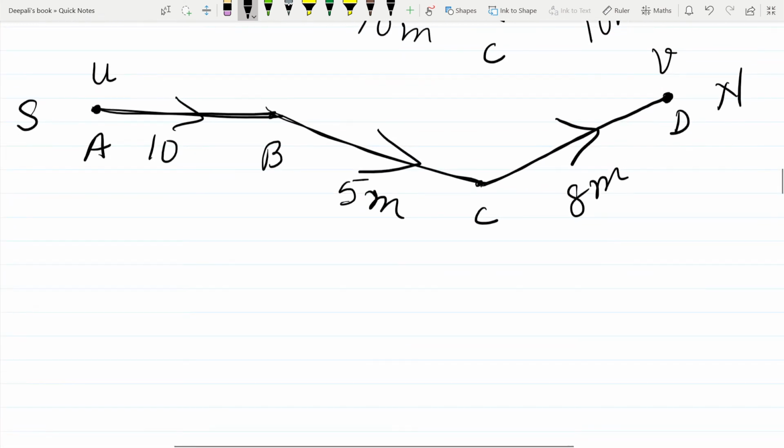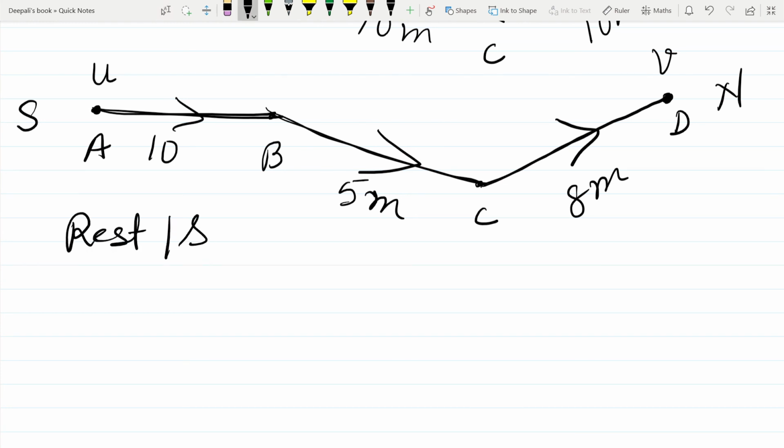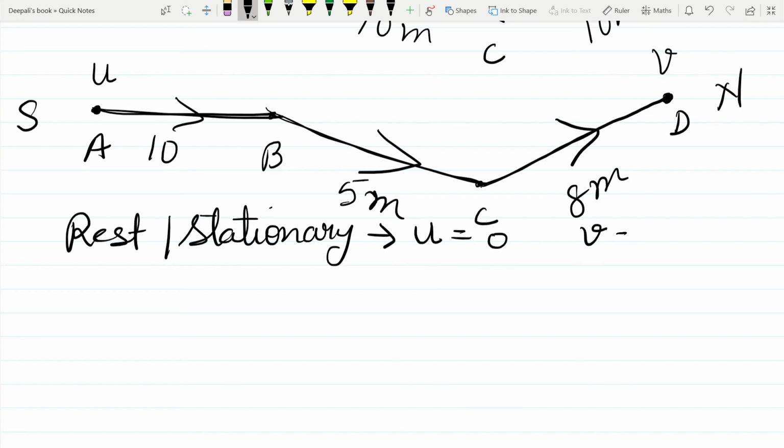There are the cases, as I told you, when the object is at rest or stationary. The initial velocity is always 0 and final velocity is always x.